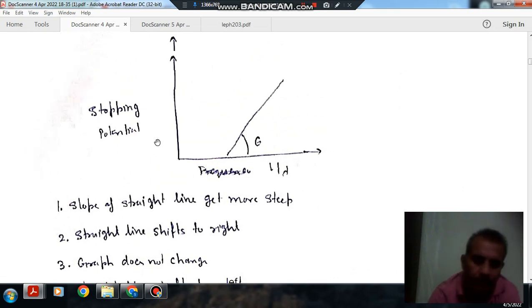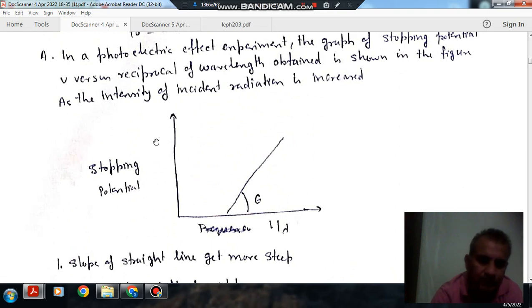When the intensity of the radiation is changed, only the number of electrons coming out of the emitter surface changes.